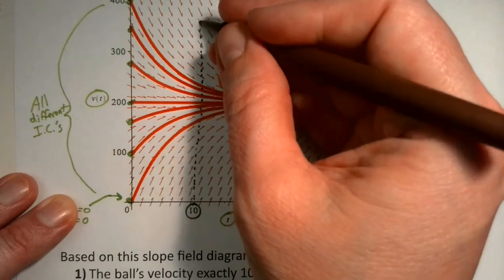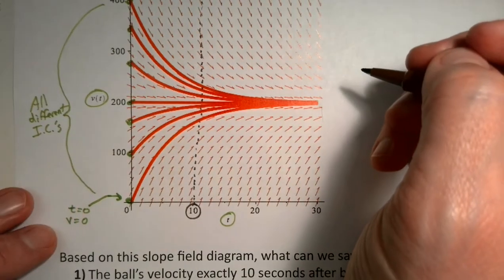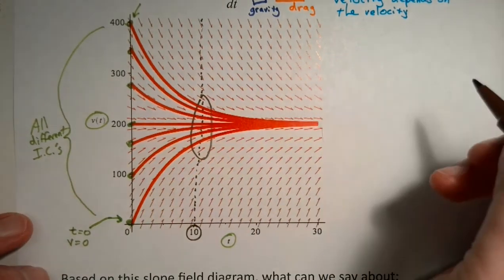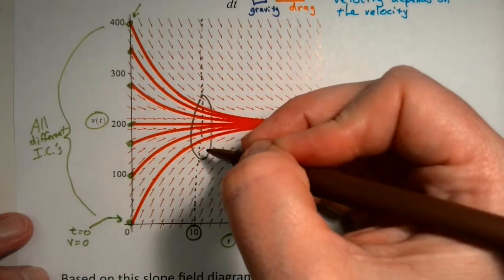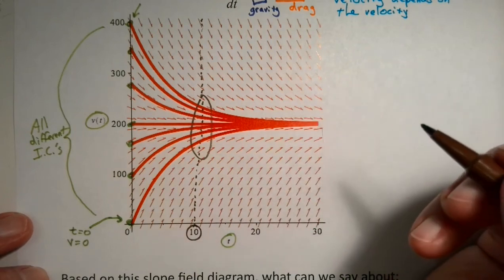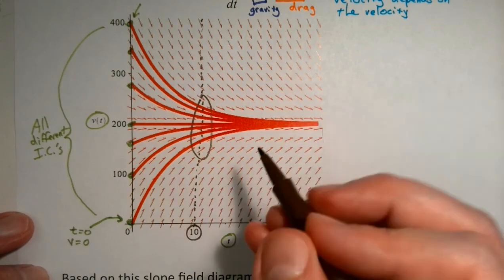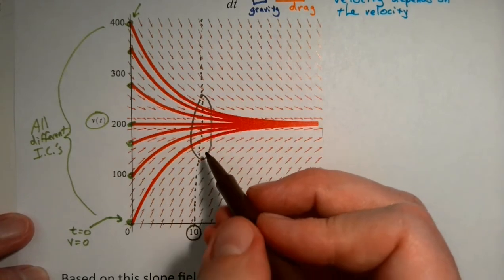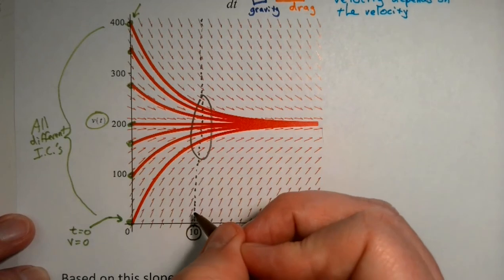The problem is, what can we say about the ball 10 seconds after it's thrown? Well, we can't say much because it could be any one of those curves. It could be any one of an infinite number of curves. So the trouble is, we can't tell whether it's speeding up or slowing down. We can't tell whether it's a really big velocity or a really small velocity.